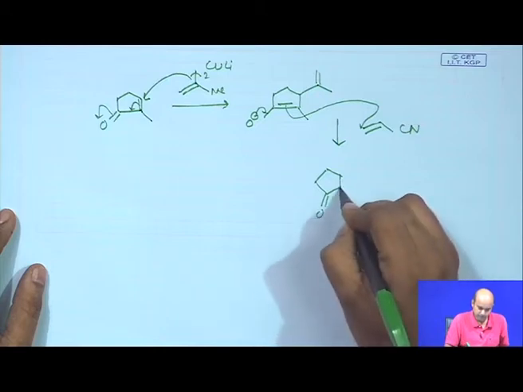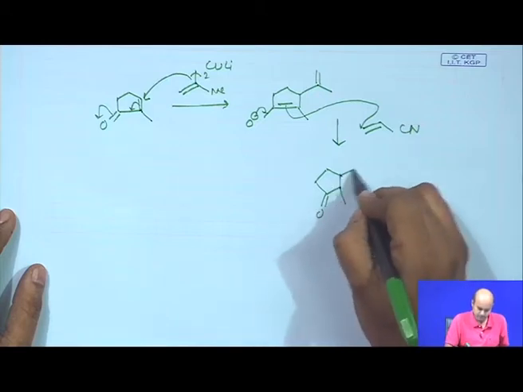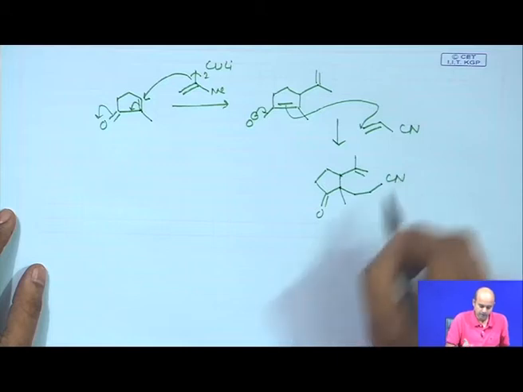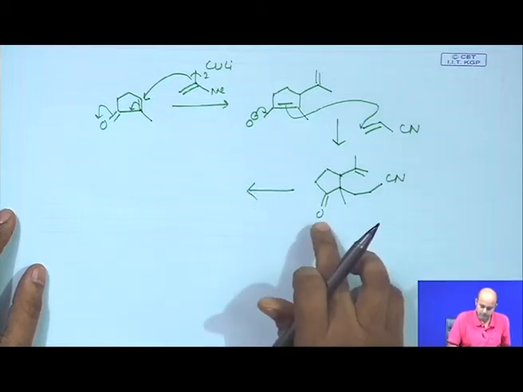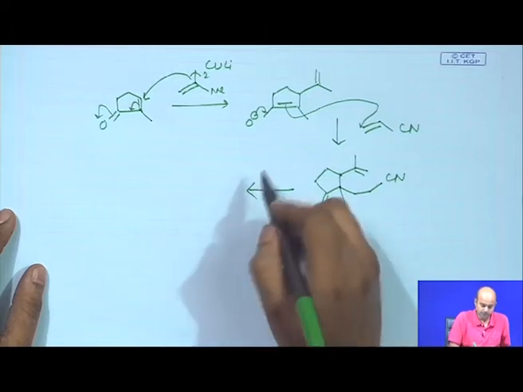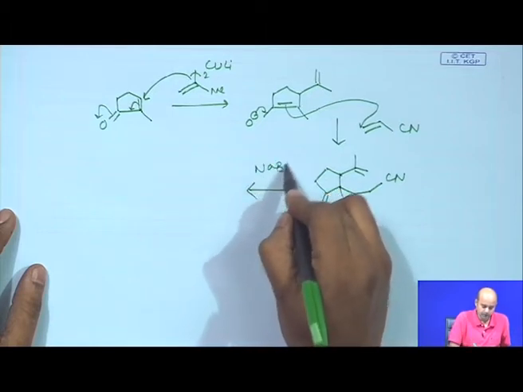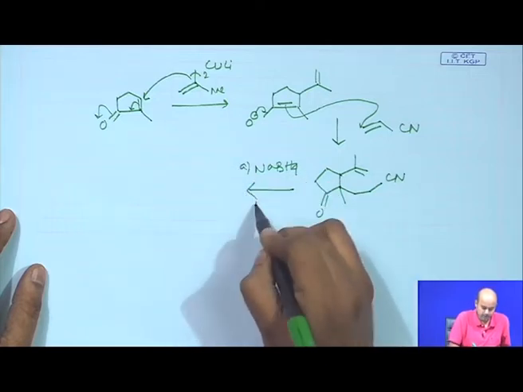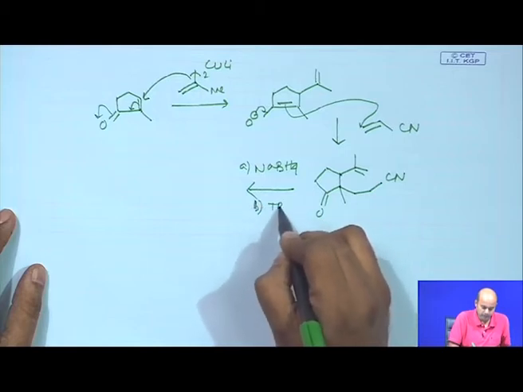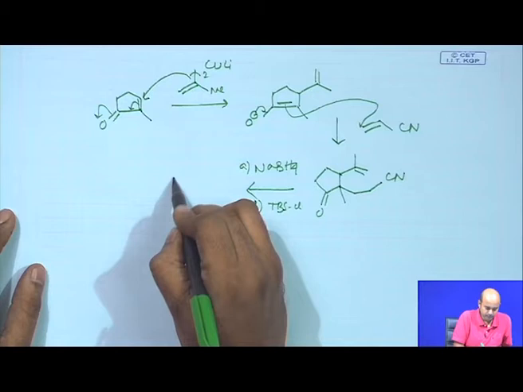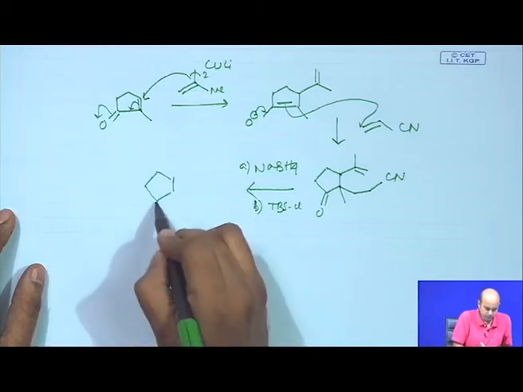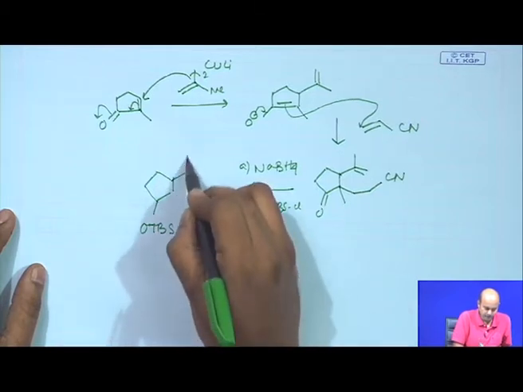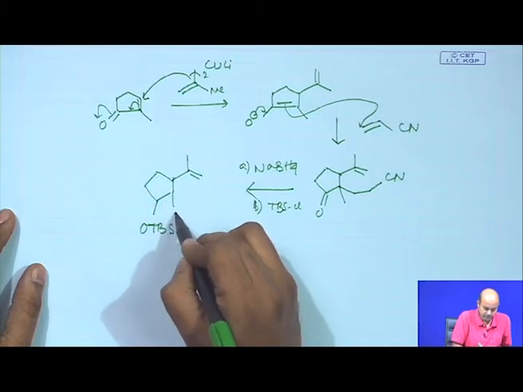It can react in 1,4 fashion, and that will basically give you this part, similar, your CH2CN. And the final target, this ketone was not like this, it was kept protected. So, what you do, you just use sodium borohydride, which will reduce the ketone, and step B, you just protect it with TBS chloride. So, you can do an OTBS.